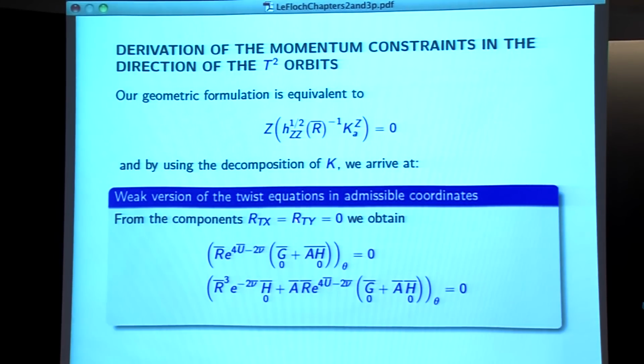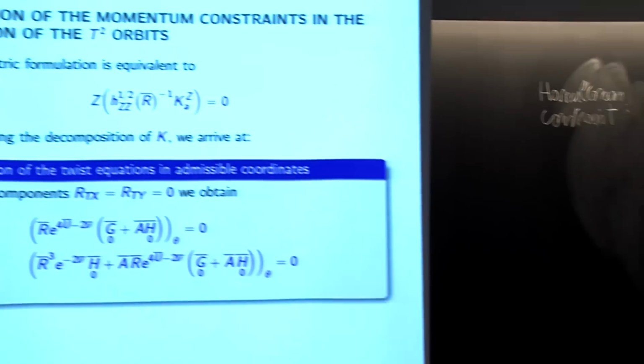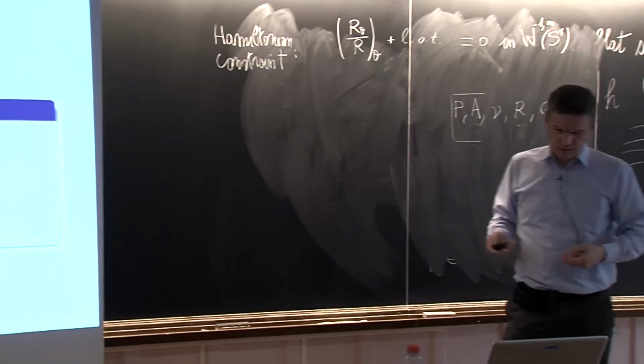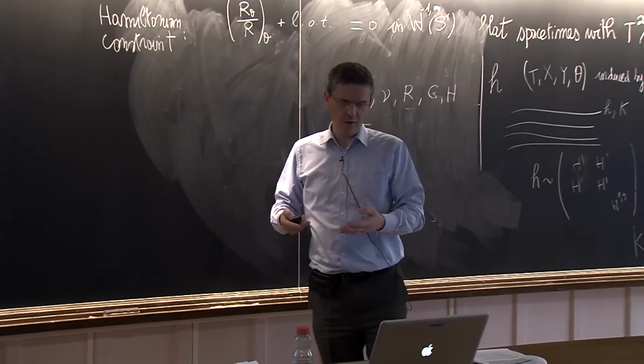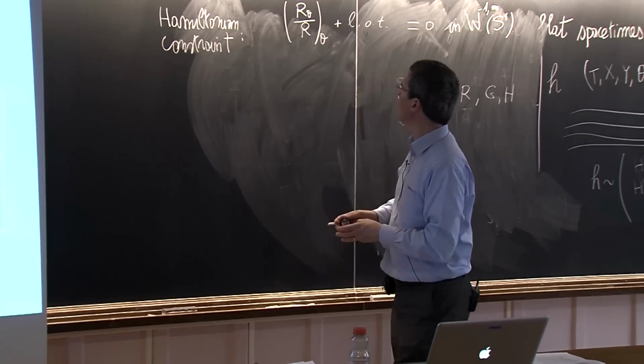So these are two components. The weak version is very much connected with the twist equations that I mentioned before. Actually, these are the statements that the twist quantities are independent of theta. But you can also see them as being the momentum constraints in the direction of the T2 orbits.